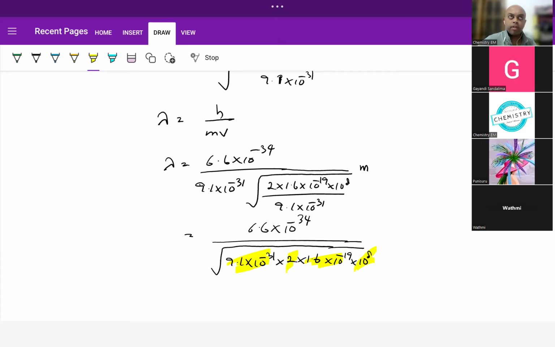But the thing is, lambda equal to h over root 2qVm is not used directly in chemistry. In MCQs you can definitely use the direct equation, but in chemistry, in essay type questions, you have to do the derivation because this is not directly taught.